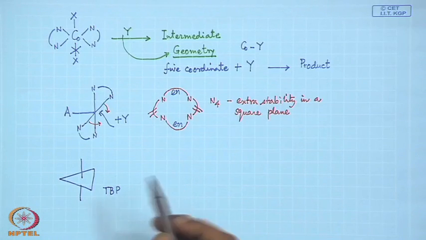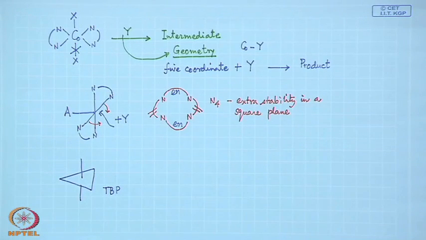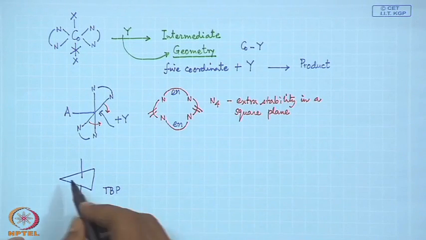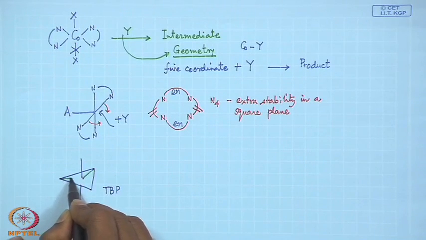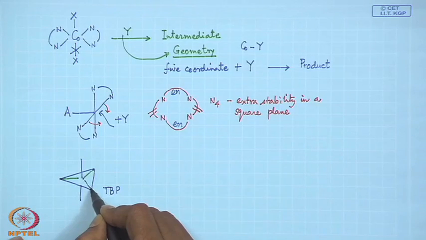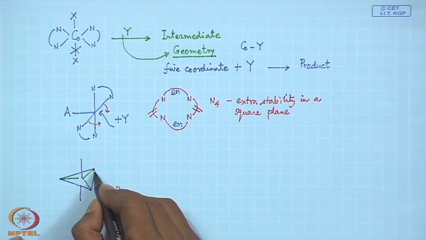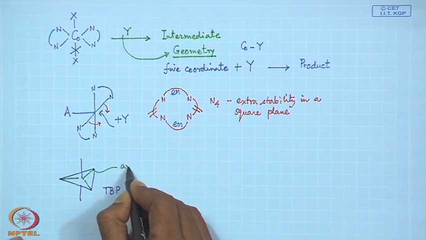And in this geometry we know that we have a typical triangular plane, and this triangular plane is responsible for giving 3 bonds, and these bonds we consider as equatorial bonds.